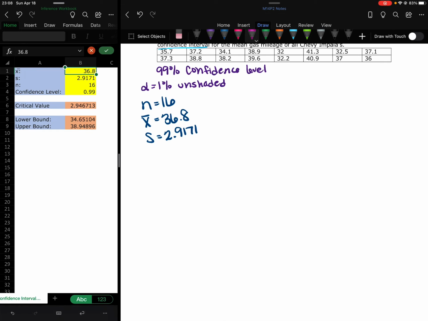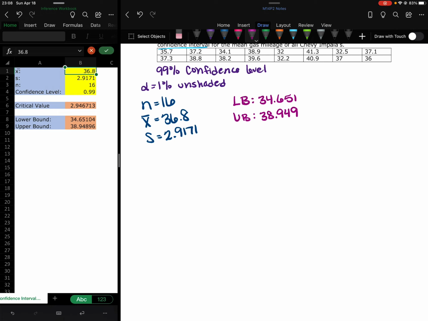So if you're doing this straight in Excel, all you have to write down is your lower bound and your upper bound from Excel. And that 6 is going to round the 9.